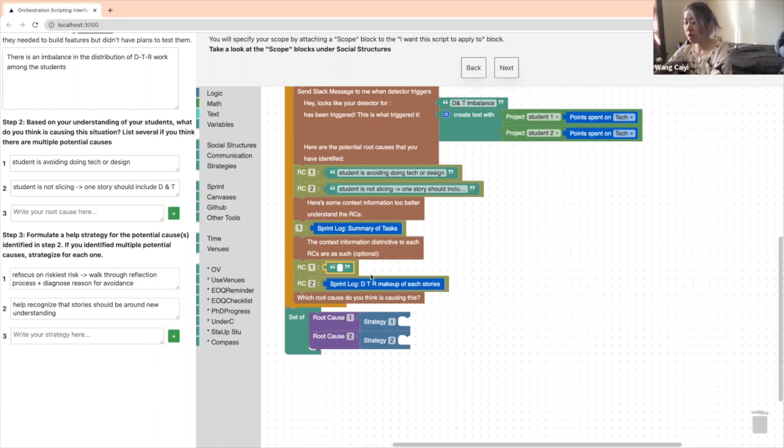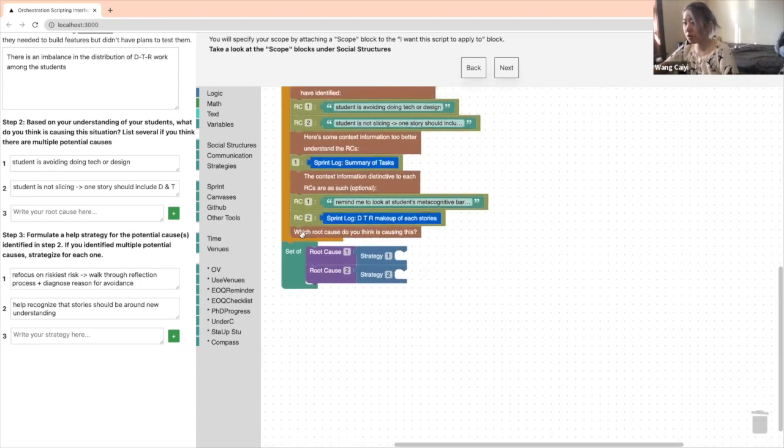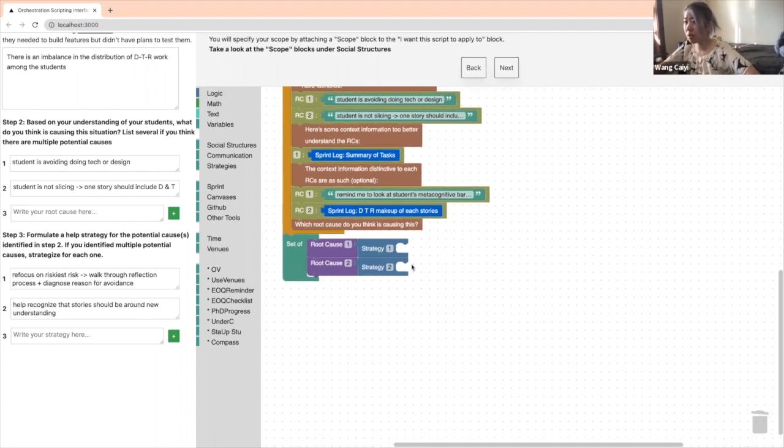For example, remind me to look at students' metacognitive barriers. And the message would ask the mentor to respond, which root cause do you think is causing the above problem?